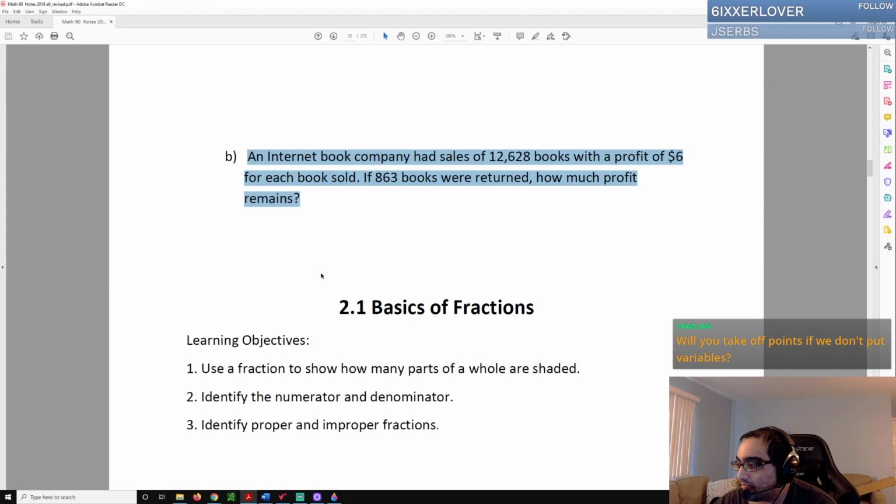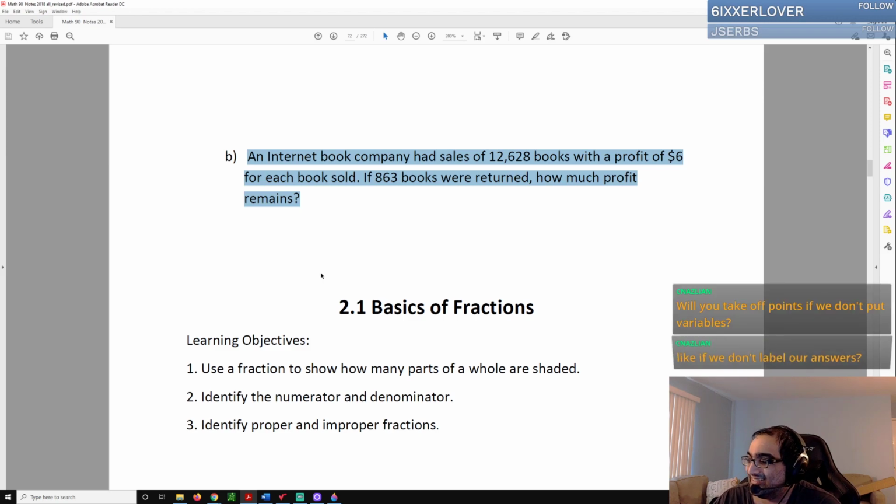We take off points if we don't put variables. But we didn't do any variables in this chapter. So, I mean, no. Oh, yeah, a point could get taken off for that. So just like label says, okay, this is money, or this is like 2,000 bolts or something.